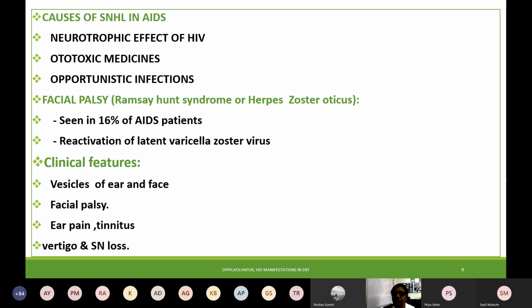The clinical features are vesicles of the ear and facial nerve palsy, ear pain, tinnitus, vertigo, and sensorineural hearing loss. These are the things you see in facial palsy associated with HIV.